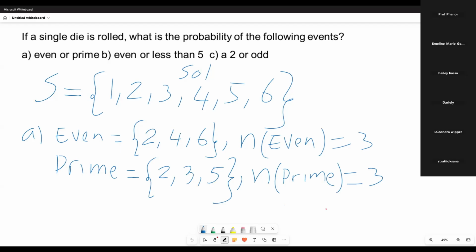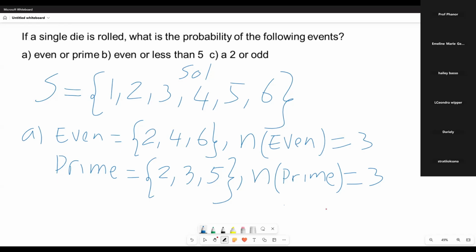Yes. Now, look at the two events. You got even, the outcomes are 2, 4, and 6. Prime, the outcomes are 2, 3, and 5. What do you observe? Do you think these two events have something in common? Yeah, they both equal 3.